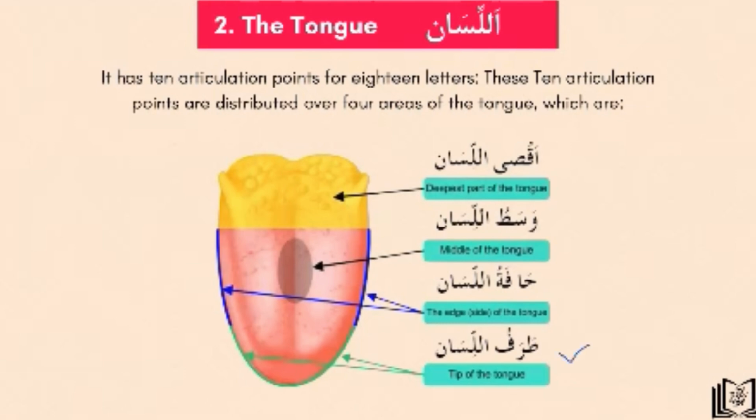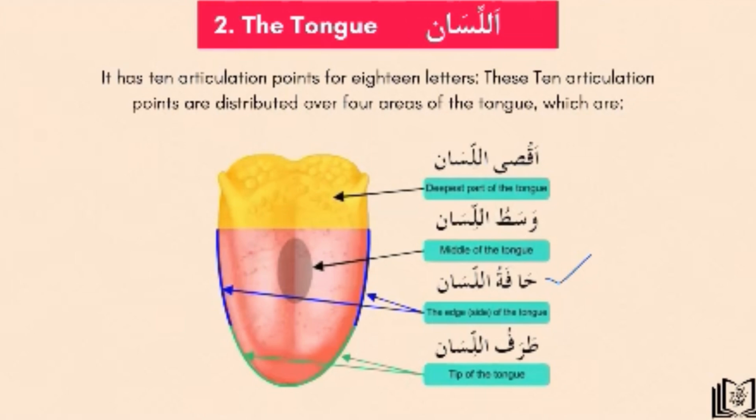First one is Taraful Lisan, طرف اللسان. Then Hafatul Lisan, حافة اللسان.